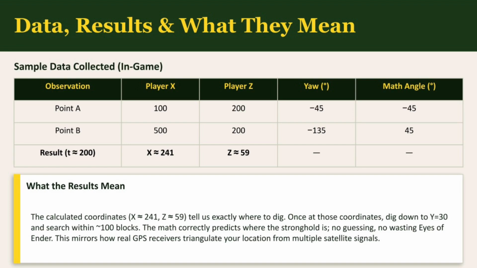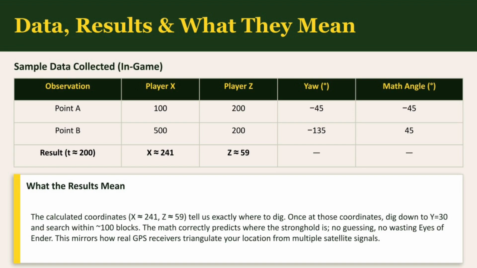But really, if you're used to playing Minecraft, if you just dig down, although it's typically a bad thing, you'll find the stronghold. It's very distinct from the surrounding stone and blocks. But to make it easier, you'll dig to Y 30 and search within 100 blocks of the area. The math will predict where the stronghold is. You don't need to guess or waste Eyes of Ender.